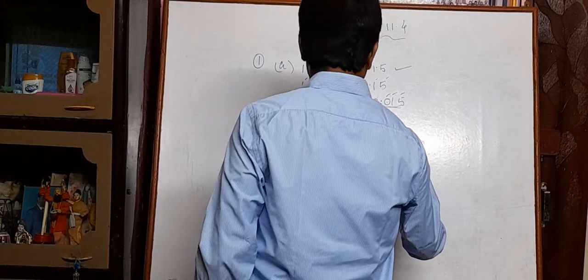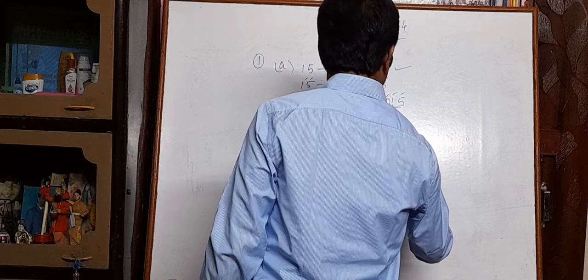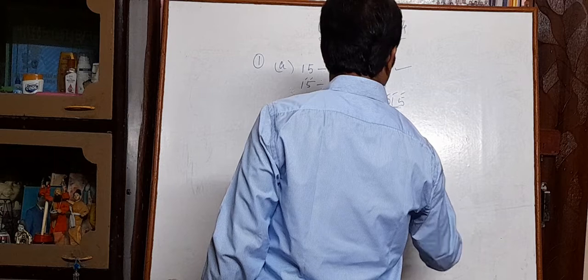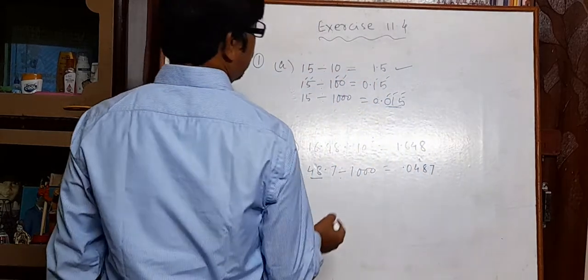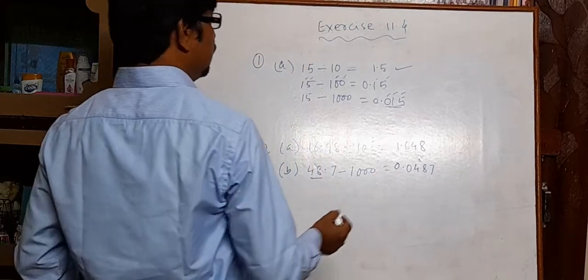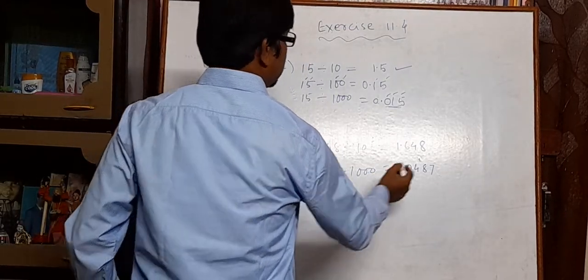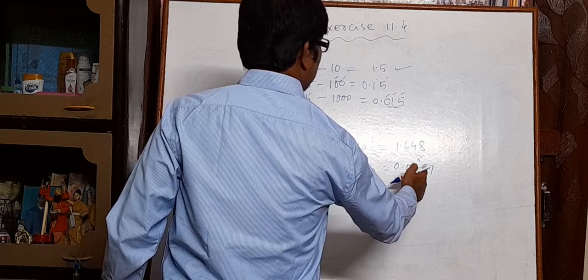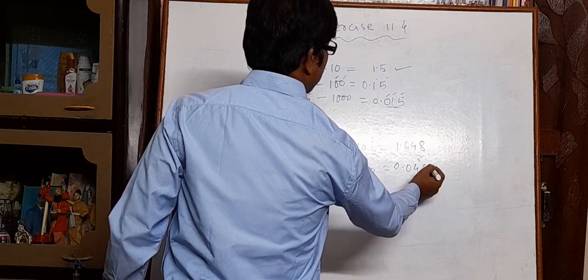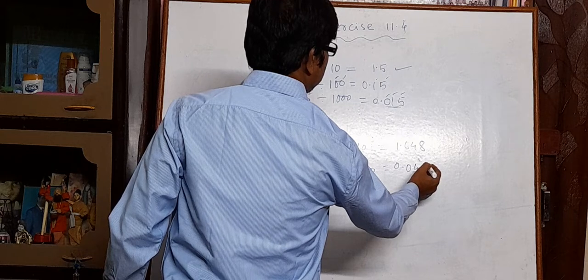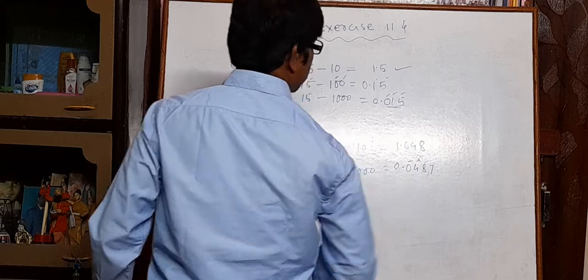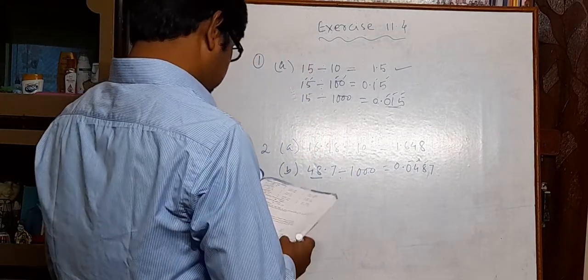So 0.0487. And for confirmation we put 0 this side. We have shifted 3 places, 1, 2, 3. We have put the decimal point here. Okay, fine.